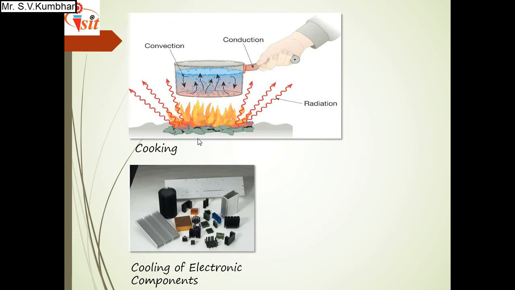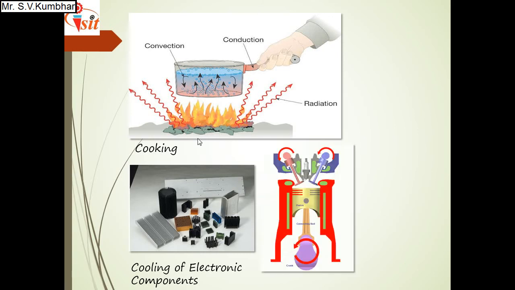Here cooling of electronic components is again based on the phenomenon of heat transfer. Again, cooling of LED lights and LED lamps is based on heat transfer. As we have discussed, in an internal combustion engine, its cooling is done by the phenomenon of heat transfer.